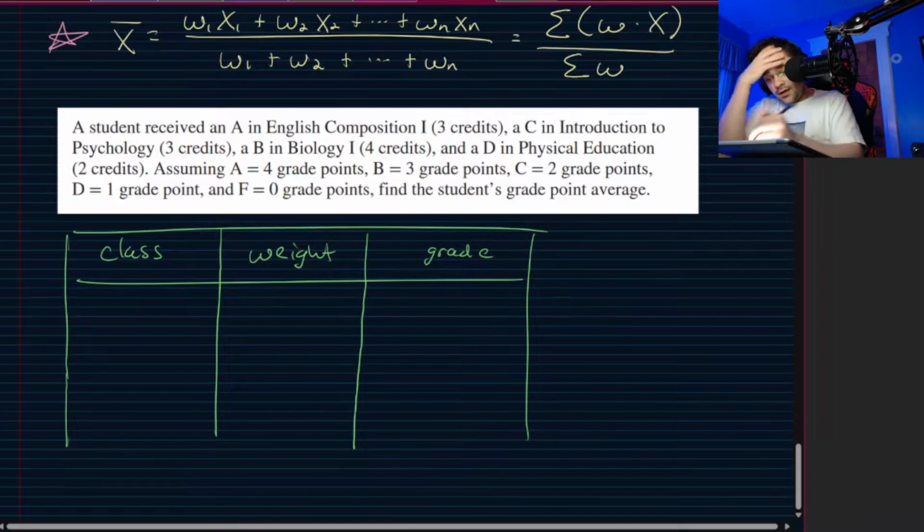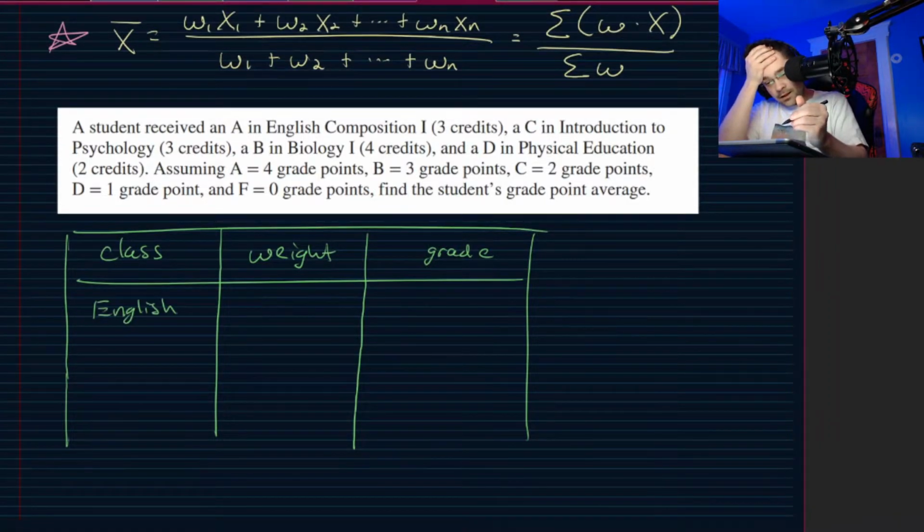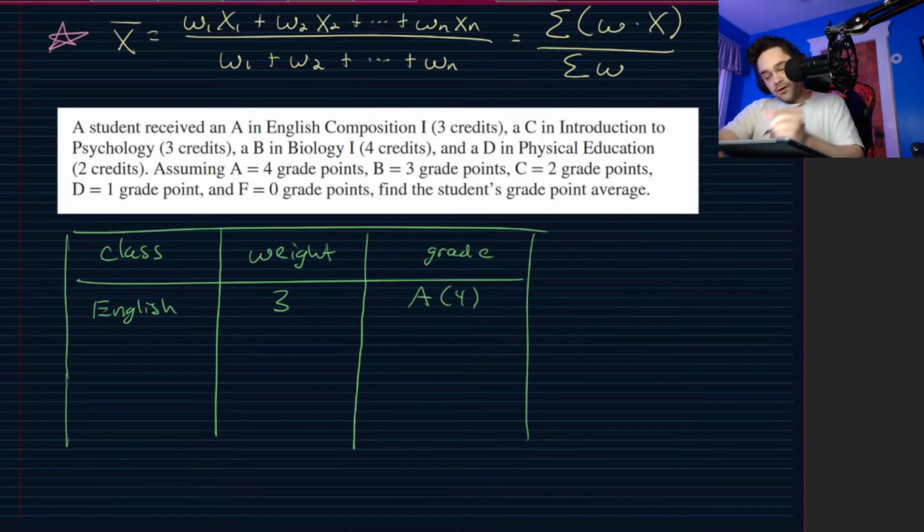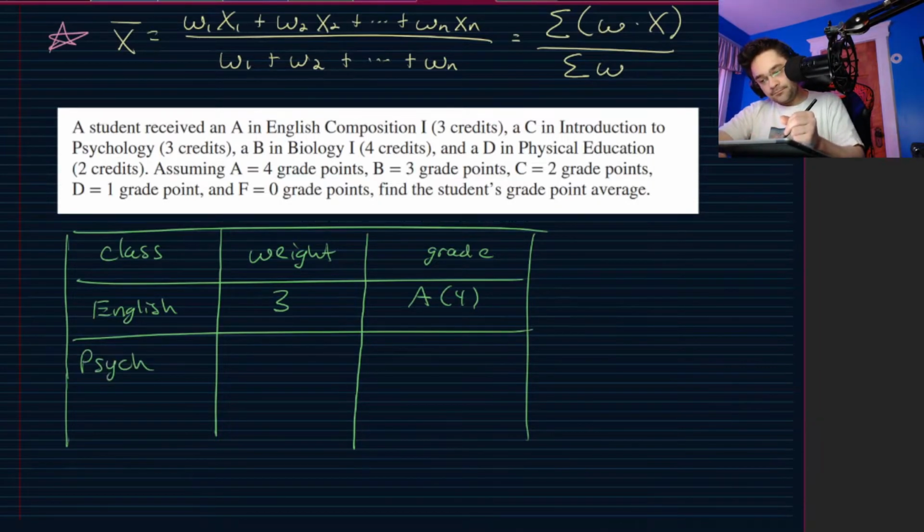So let's see, English, which is 3 credits, so that's our weight. And they got an A. And remember, an A is worth 4 points, so I'll just put in parentheses here a 4. We've then got psychology, 3 credits, and they got a C, which is 2 grade points.